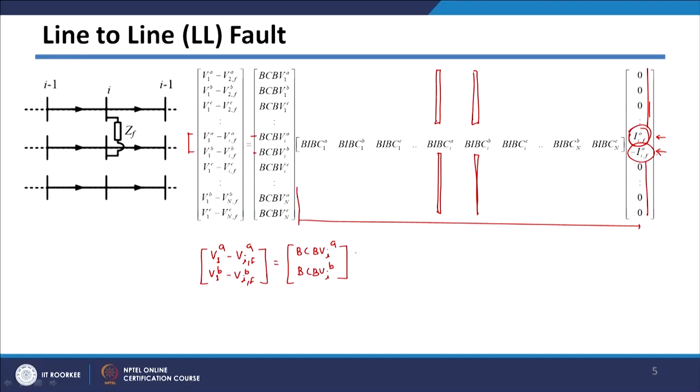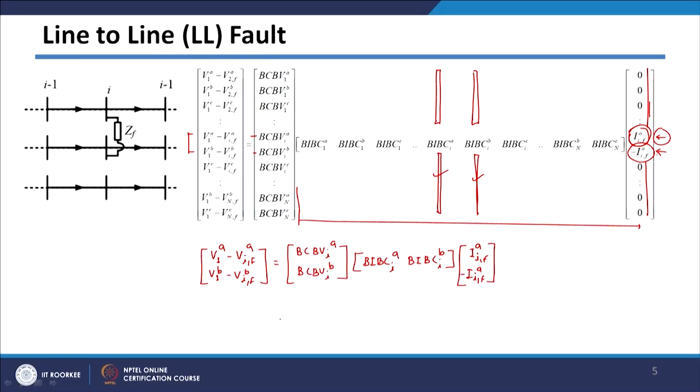So it will be equal to BIBC corresponding to A phase, this column I am taking, and BIBC corresponding to B phase, this column I am taking, multiplied with two currents only: the current in A phase, which is this one, and the current in B phase, which is opposite of A. That is why I can put a minus sign here.